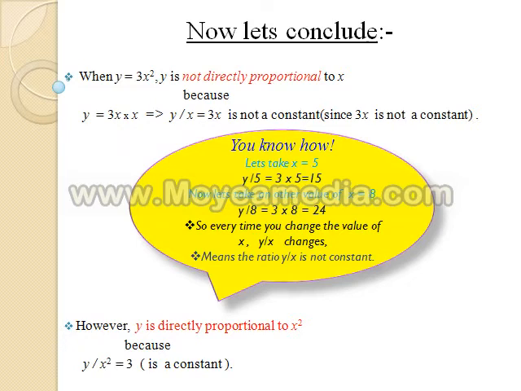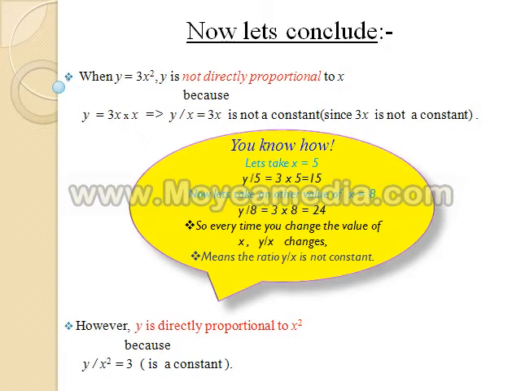You know how? I can show you here on the screen. Let's take any value of x here, 5. So just replace x with 5. So y over x is equal to 3 into x, which is 15. Now let's take another value of x, let's say 8. So I replace x by 8 here, and you could see it is giving you 24 now.